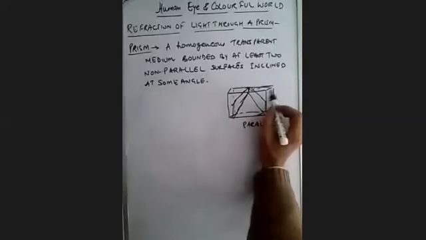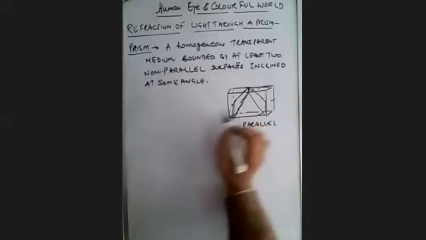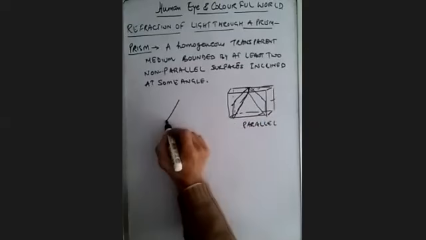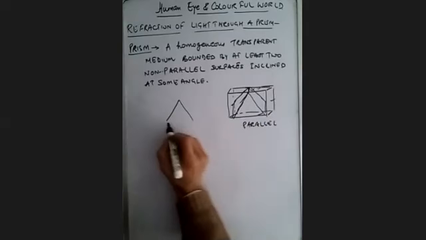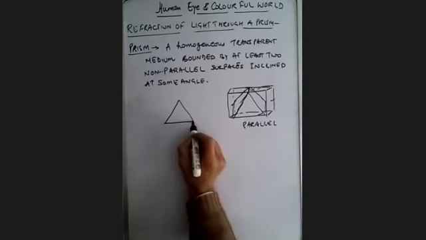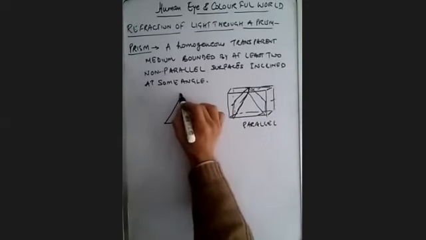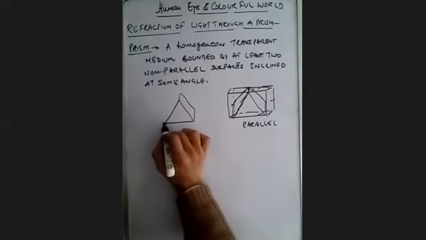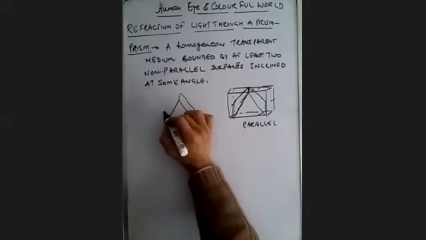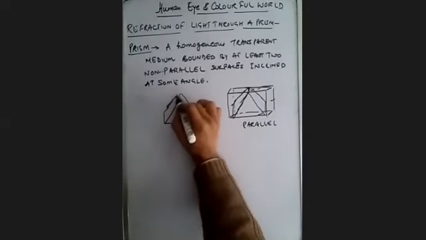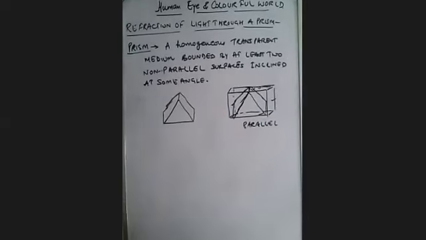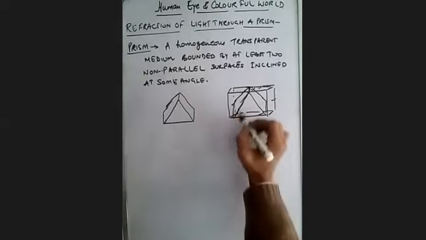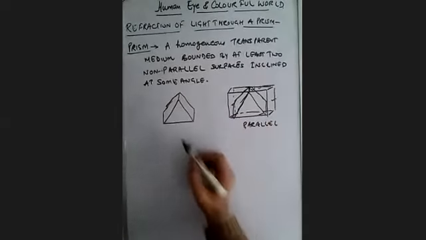You just cut these parts and you will get this. So the only difference is that the refracting surfaces are parallel in this case, but non-parallel in this case.